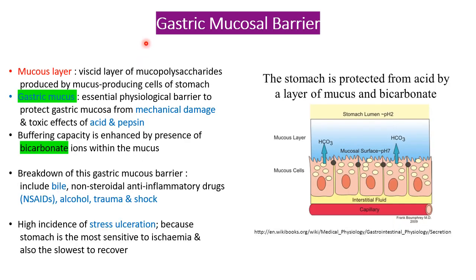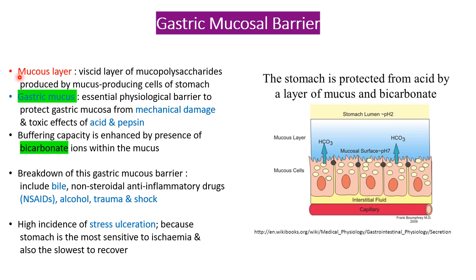Next we come to the gastric mucosal barrier, which is a very important barrier that protects the gastric mucosa from damage by the toxic environment. This is due to the presence of a viscid mucus layer of mucopolysaccharides, which are produced by the mucus-producing cells of the stomach.